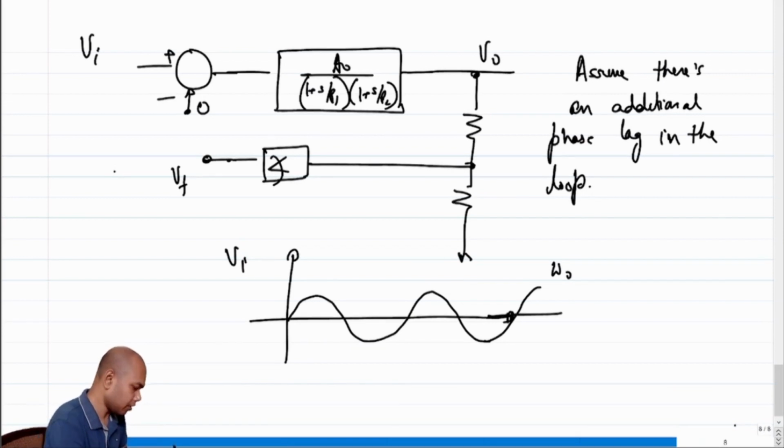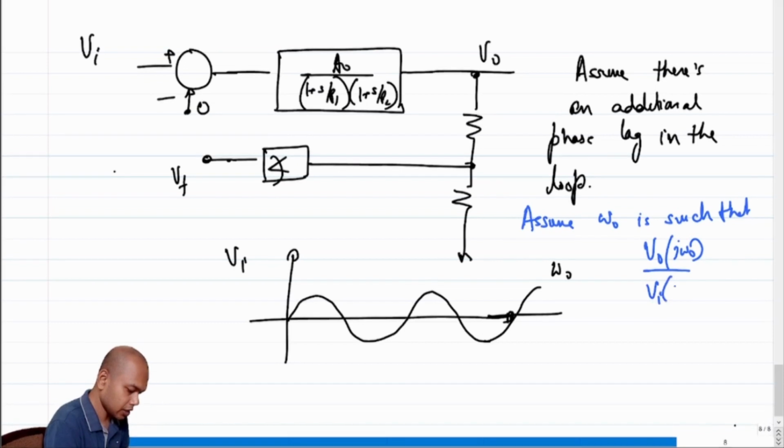So in the absence of delay, at some pole frequency, let's say Vf was, or let's make a further assumption and assume omega naught is such that V naught j omega naught by Vi j omega naught is equal to K.